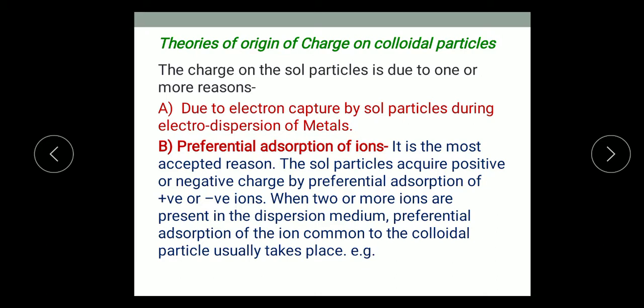This theory assumes that sol particles acquire positive or negative charge by preferential adsorption of positive or negative ions at their surface. So when two or more ions are present in the dispersion medium, preferential adsorption of the ion common to the colloidal particle usually takes place. See an example.